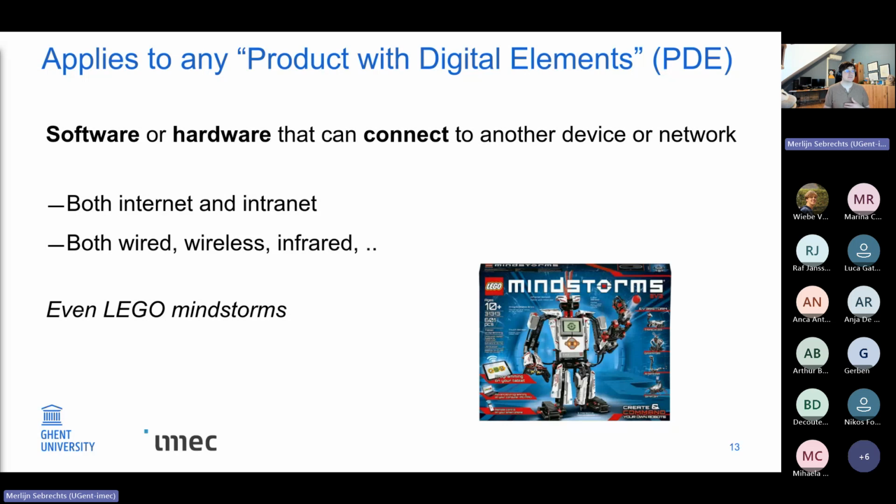And this network can be both the internet or an intranet or even a private connection between two devices. And this is both wired connections, wireless connections, infrared connections, even toys like Lego Mindstorms, for those of us who are a little bit older. Even those kind of toys are part of the EU CRA if they're still being sold in the European Union.